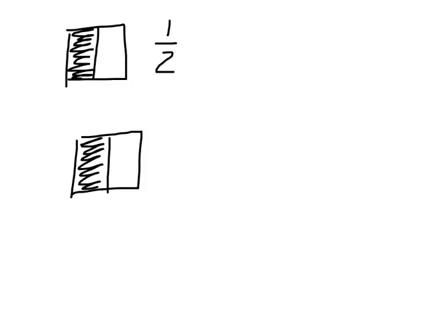Well, I know that when I had 1/2 in the first example, I cut the remaining piece into 2 pieces. When I did that, I split my 1 into 2 pieces, and I split the two pieces that it was out of into 2 times as many pieces.